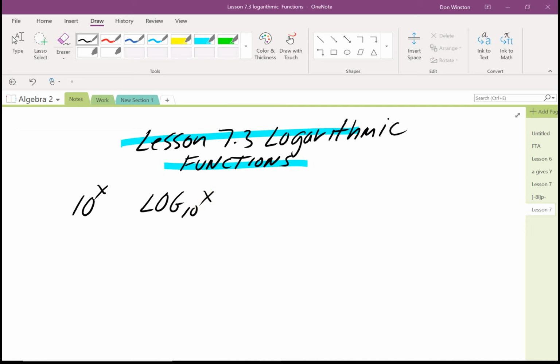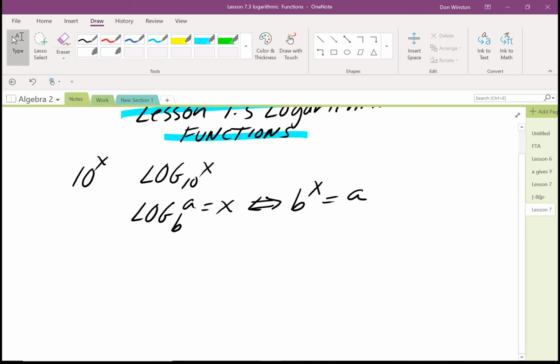So the inverse to an exponential is a log, and likewise the inverse of a log is an exponential. We looked at this relationship that log base b of a equals x means b raised to the x is equal to a.